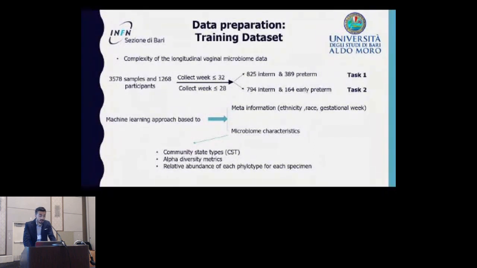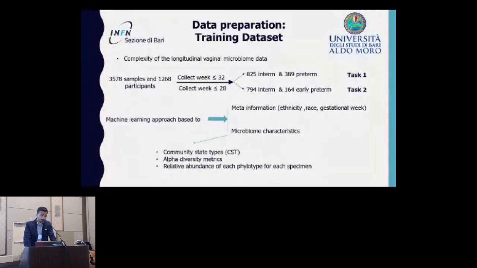So first we filtered the dataset in order to exclude all those samples that were collected after 32 weeks for task 1 and after 28 weeks for task 2, because we knew that for the independent test, there weren't these samples. So we have reduced the number of participants for task 1 and task 2.